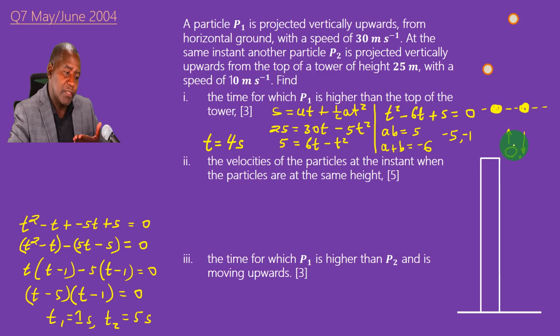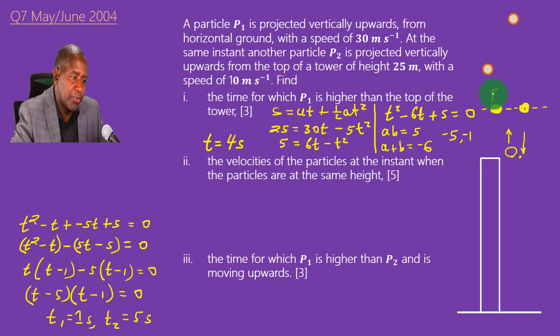So let's assume that such a position is the one that we are talking about. Let's consider the displacement of particle P2, because this is P2, and this is P1. Let's consider this to be equal to h.